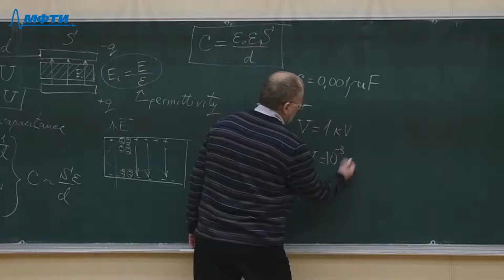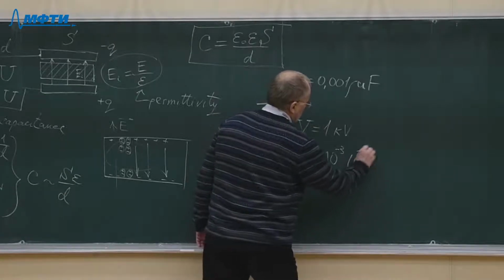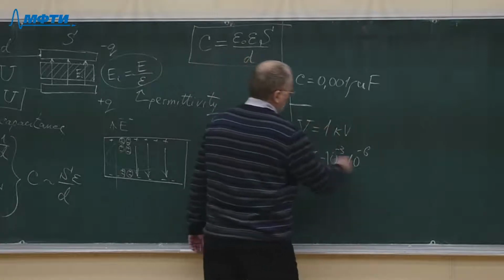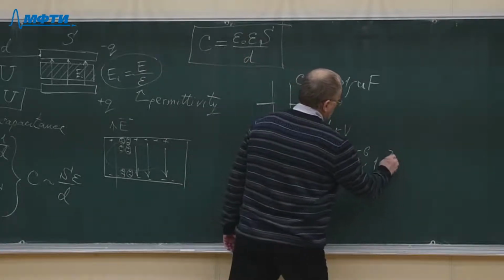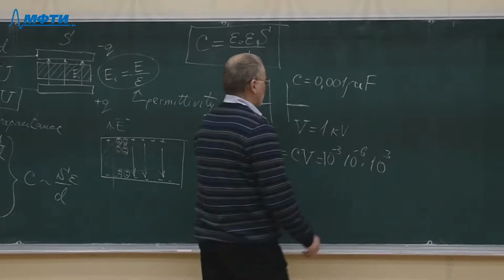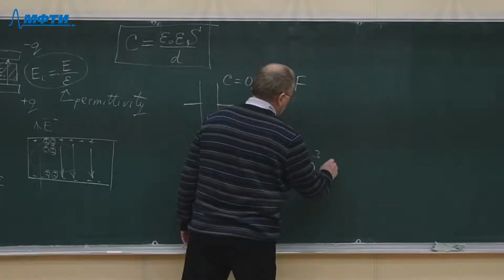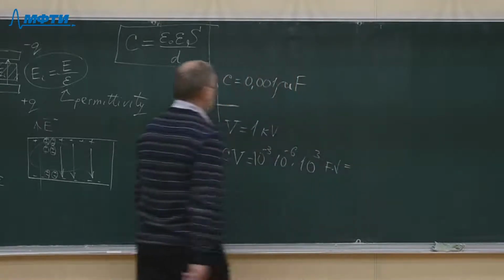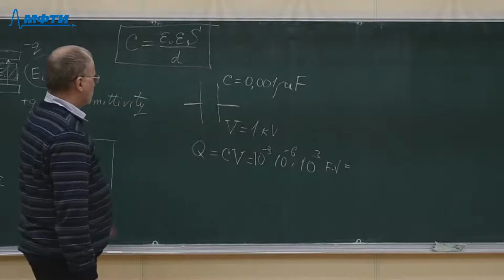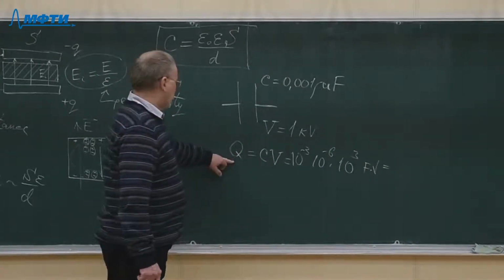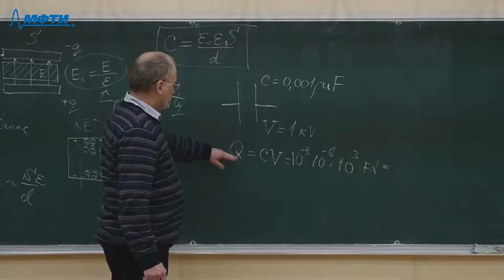Micro means 10 to the power of minus 6, and 1 kiloohm is 10 to the power of 3, so in international system units, farad times volts will give us the charge, and that will be coulomb.